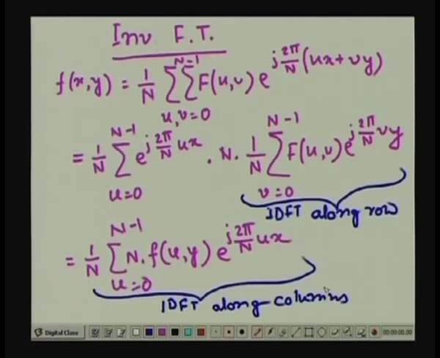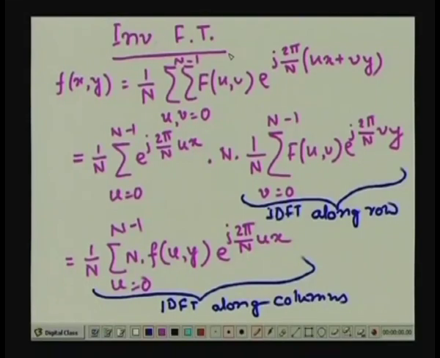So, as we have done in case of forward Fourier transformation, for a given image you first take the Fourier transformation of the different rows of the image to get the intermediate Fourier transformation coefficients, and then take the Fourier transformation of different columns of that set of intermediate Fourier coefficients to get the final Fourier transformation.